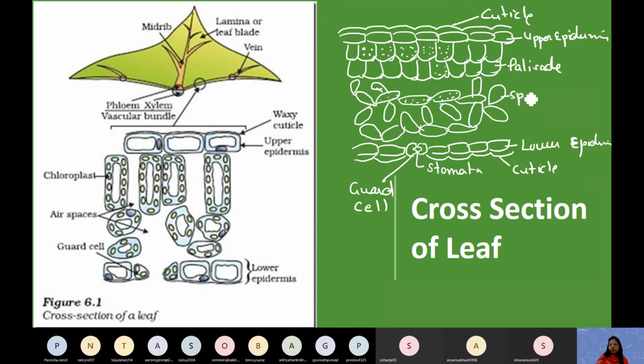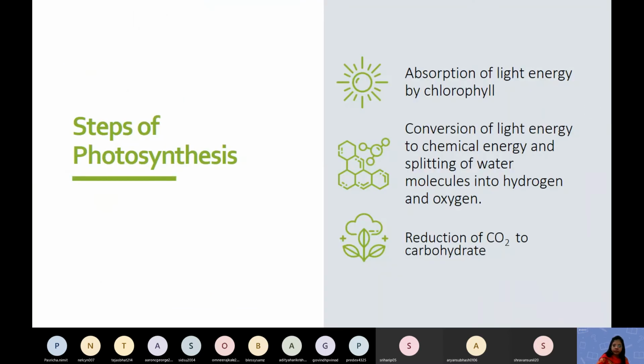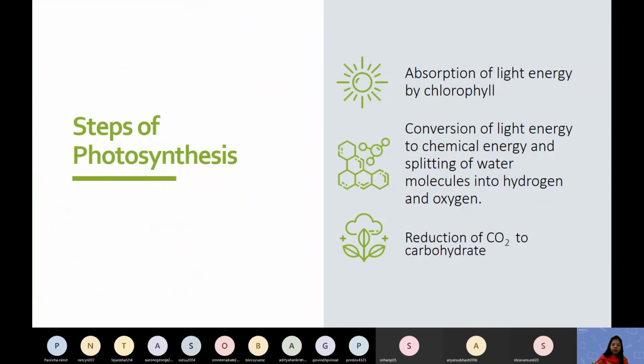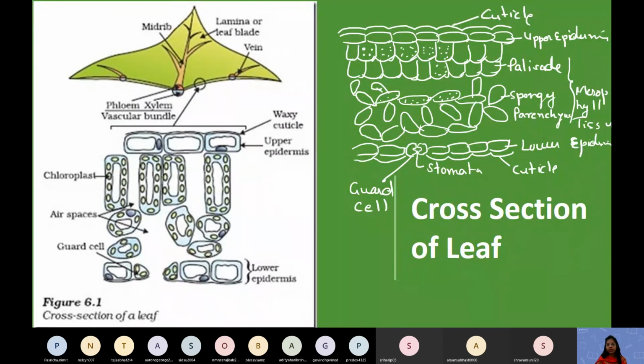This is called spongy parenchyma. Palisade and spongy parenchyma are part of the mesophyll tissue. So this is the transverse section of the leaf.